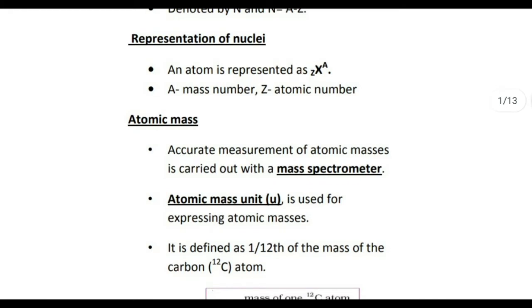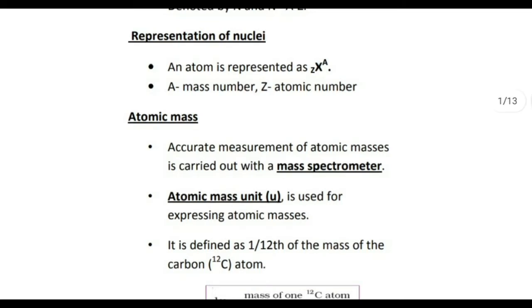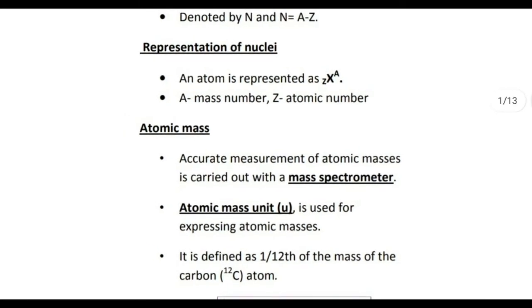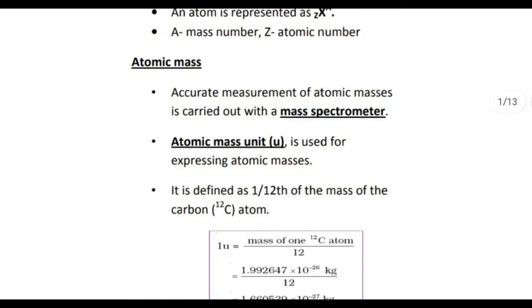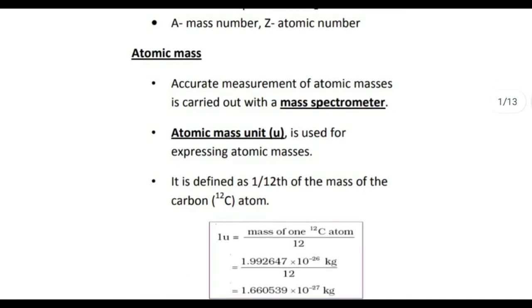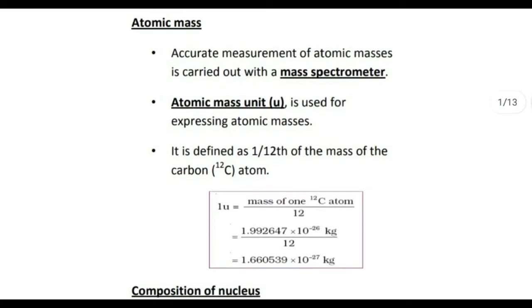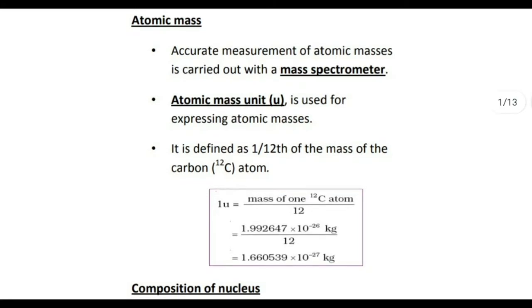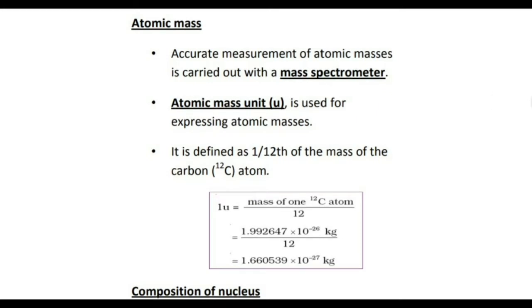Now, how do we measure atomic mass? Atomic masses are measured with an instrument called a mass spectrometer. Atomic mass, since it is very small, is expressed in a smaller unit called the atomic mass unit, represented with small letter u. And the atomic mass unit is defined as 1/12th of the mass of a carbon atom.